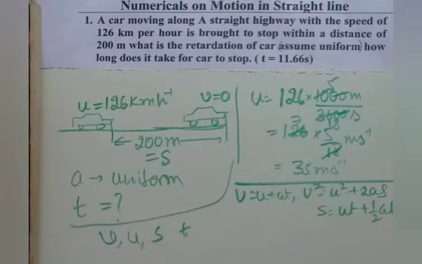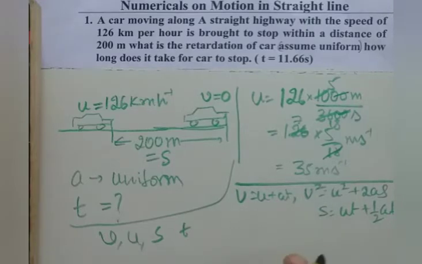Now, which relation do we want to choose? Say, I want to choose V equals U plus AT. There, V we know, U we know, A we don't know. T to be calculated. To calculate A, how to proceed? That's our next question.